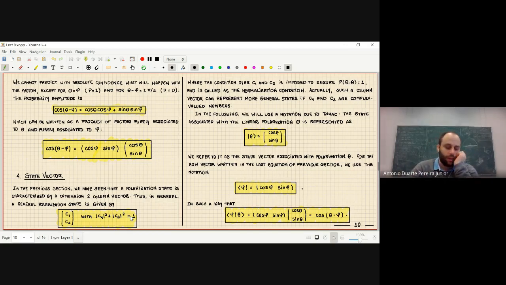Also, I mentioned that in principle, and this is not the case here, cosine and sine are real functions, but C1 and C2 in a generic state vector can be complex numbers. So you have to be careful, because when I take the absolute value for real numbers, it essentially means that you take the number, and if it is positive, it stays the same, and if it is negative, you flip the sign.